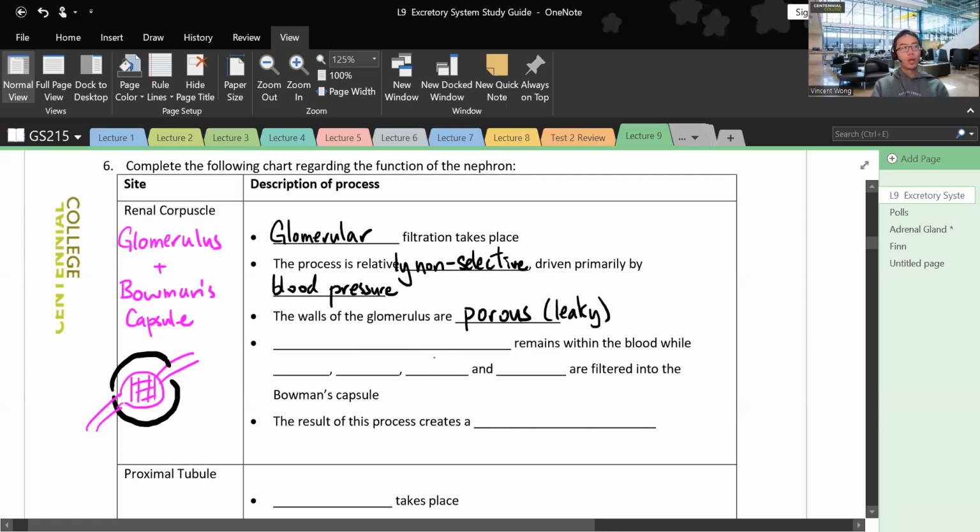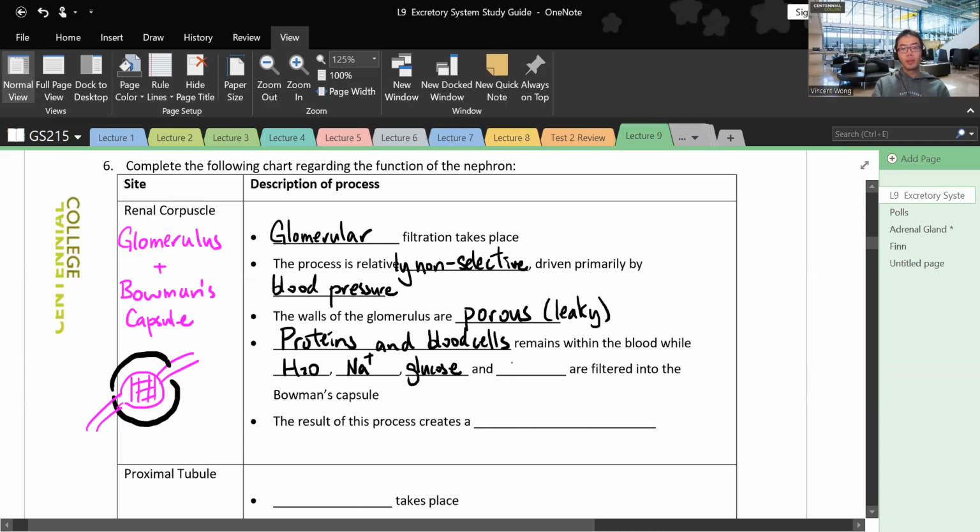Okay. So what comes out? Well, big things don't come out. Things like proteins and blood cells, like your white cells, red cells, platelets, they remain within the blood. And then things like water, they come out. Electrolytes like sodium come out. Glucose comes out.